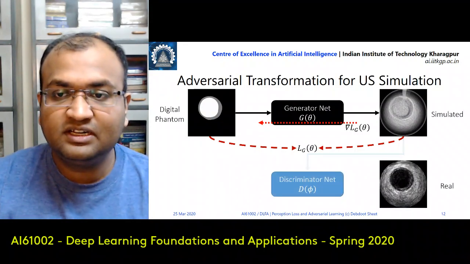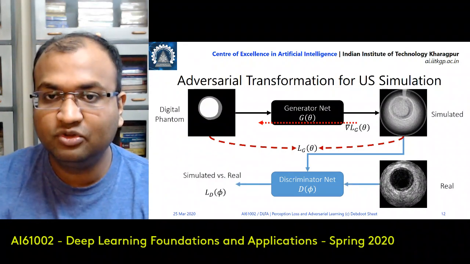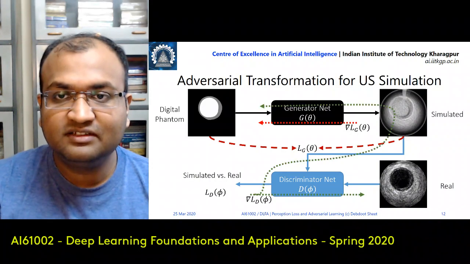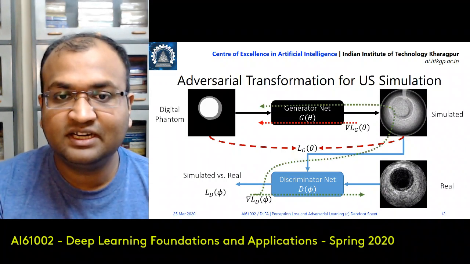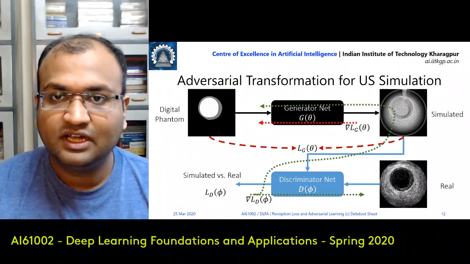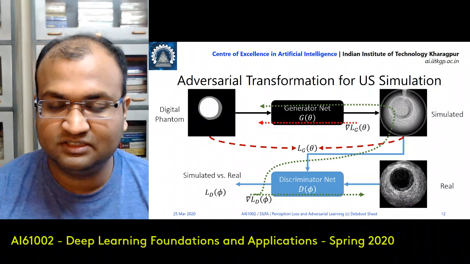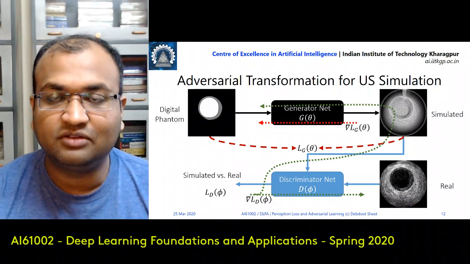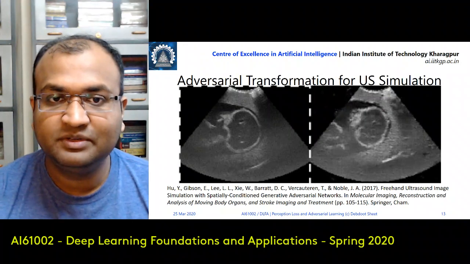And then you bring in a discriminator over here, whose job is to find out which is real versus simulated, and while you are updating the discriminator, you also start updating the generator so that the generator does a gradient ascent on the discriminator loss. And that's the adversarial way of attacking the discriminator, which we had just studied at the start of the class.